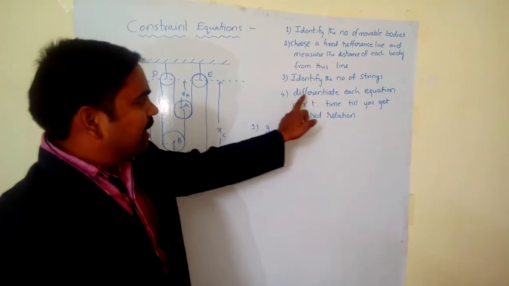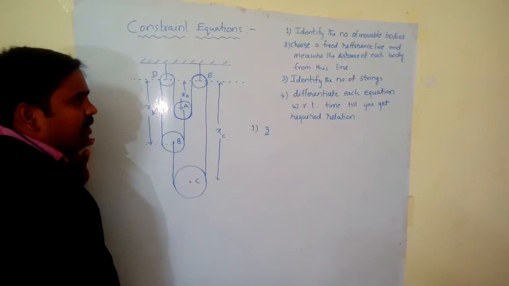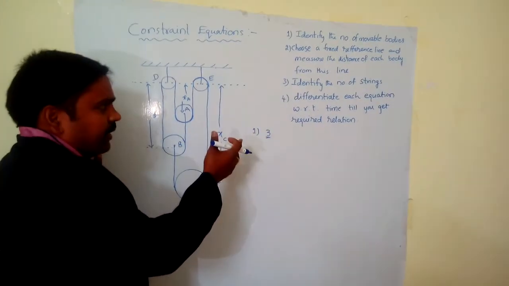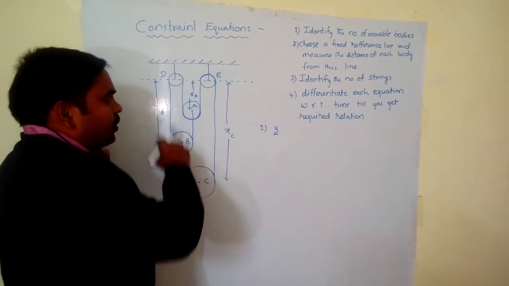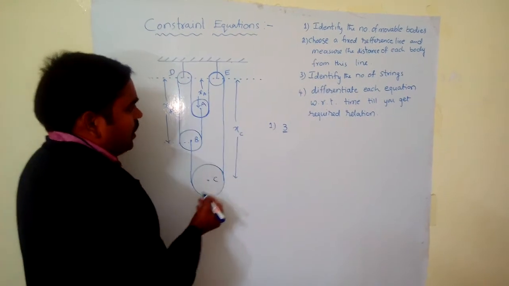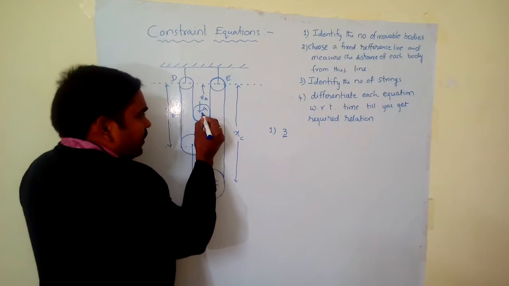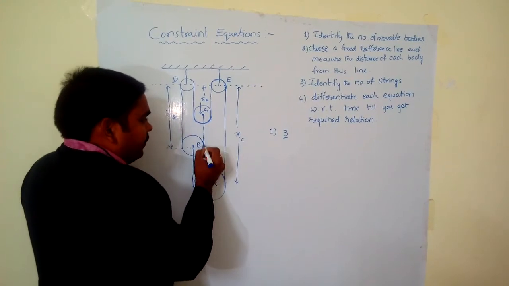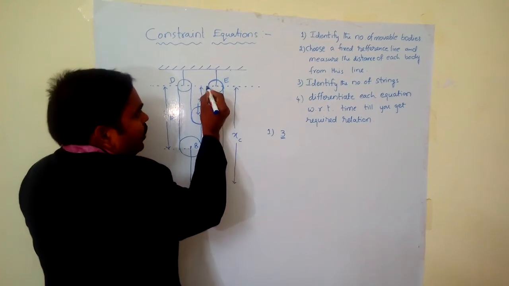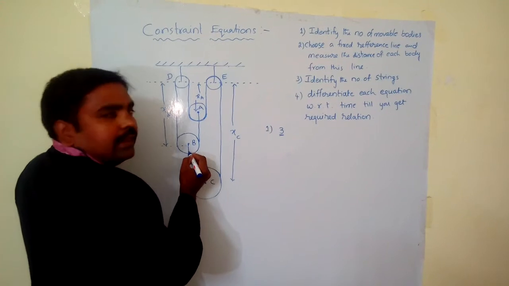And fourth one, differentiate each equation. So now I am going to write the equations for each movable body, and simply I can say I am going to write the length of this string. Only one string is present. So if you observe clearly, I am starting from point A. So the length of this string is A to B, then B to D, then D to A, again A to E, E to C, C to B. This total is the length actually.